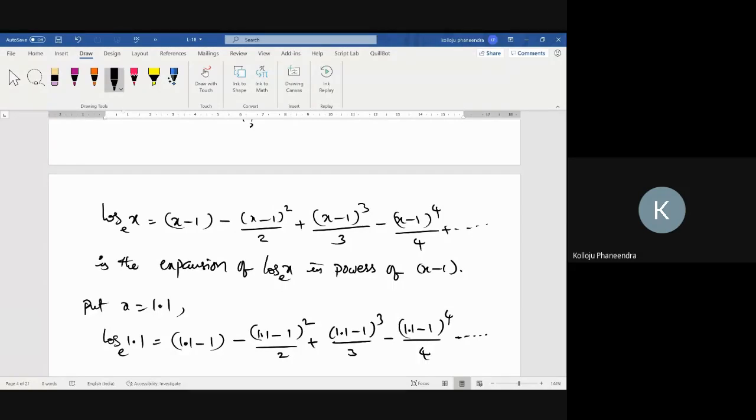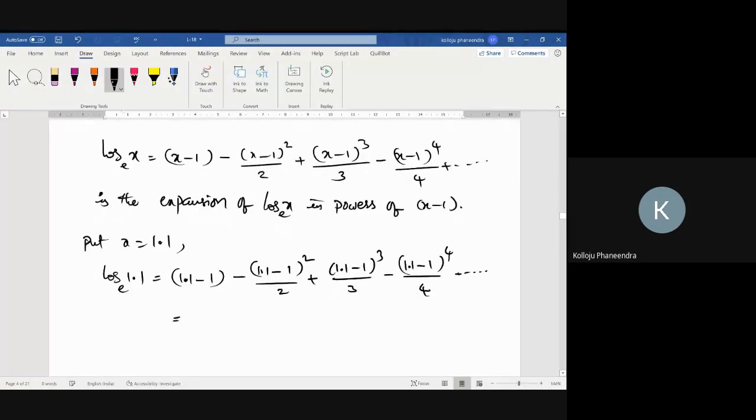Simplify, and you will get the answer. What is this? 0.0953. Correct to 4 decimal places, after the decimal there must be 4 decimal values. 0953. Okay, this is one model problem.